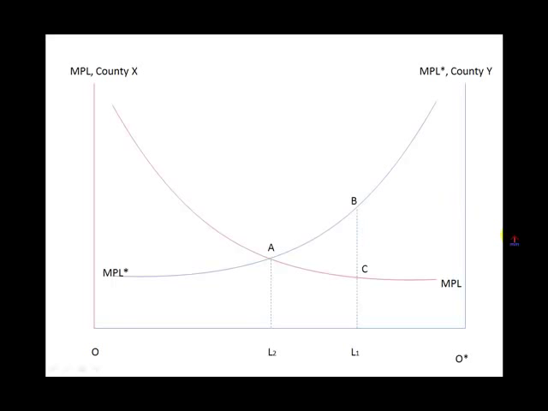Now remember, we're assuming similar technology, similar skills from the labourers. What will happen is that workers from country X will think, oh, I like how much money these guys are earning. And gradually they will emigrate over to country Y until there will be a point here, A, where we get equilibrium, where the wages for country X and country Y are the same, meaning there's no real incentive for workers from country X to move over anymore.